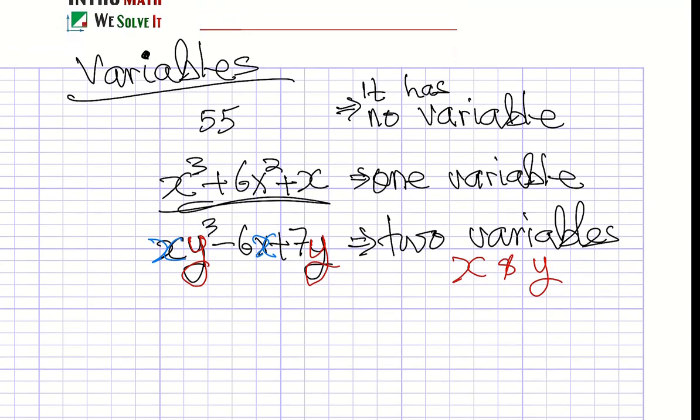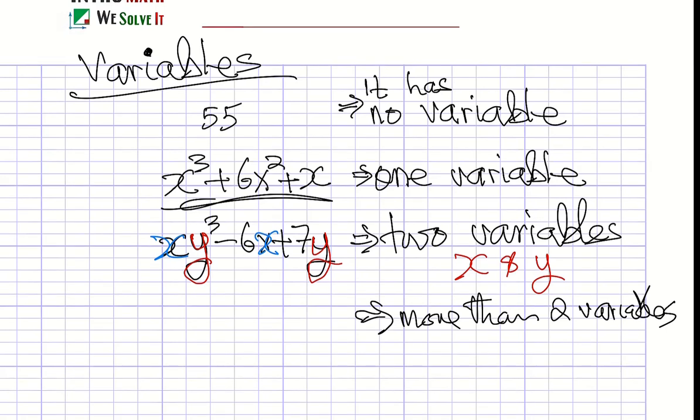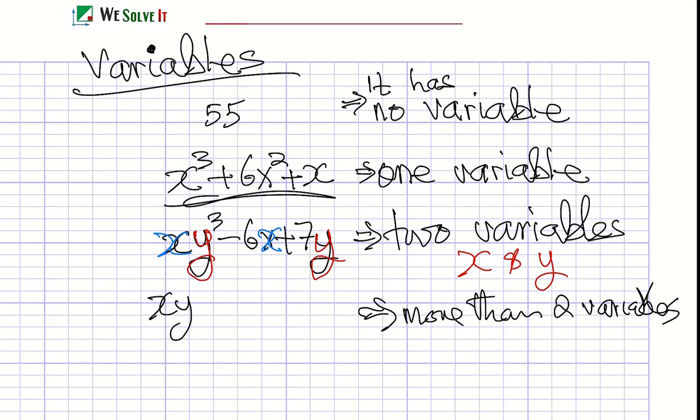A polynomial can have more than two variables, something like x, y raised to the power 2 plus 7z raised to the power 3 plus 6t.